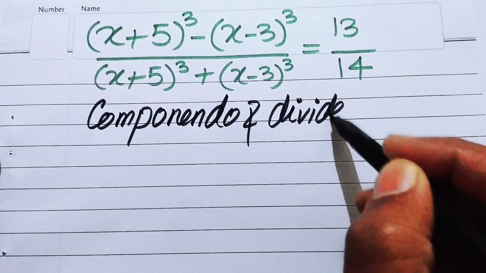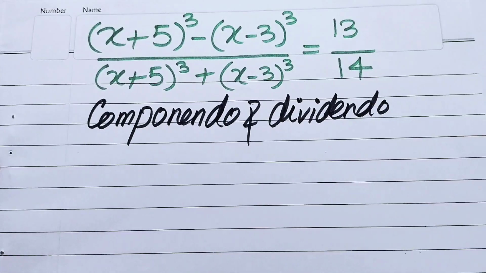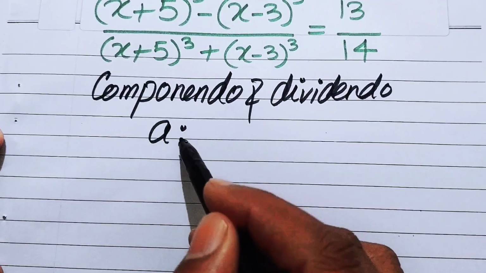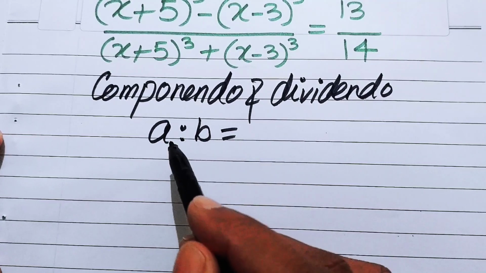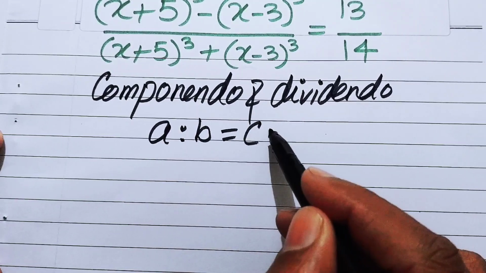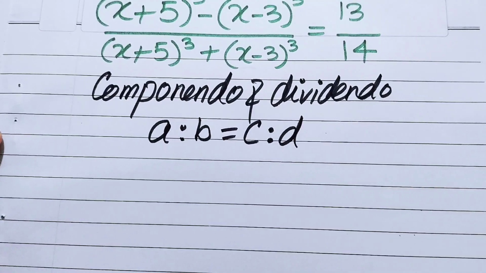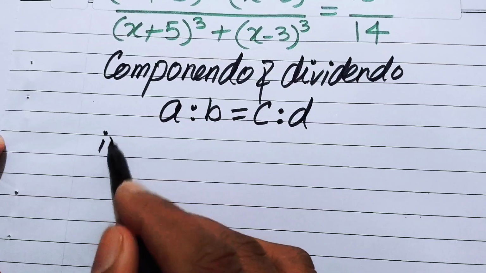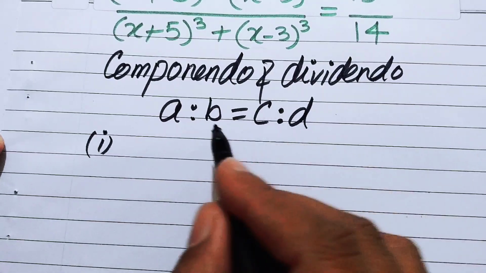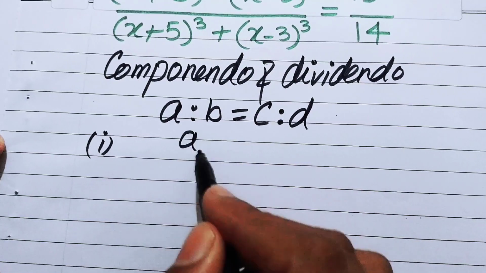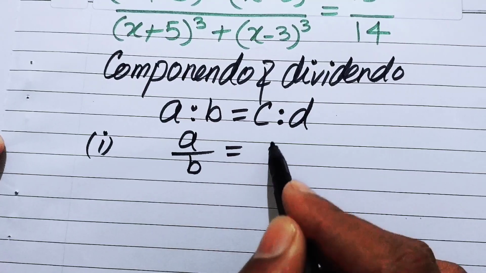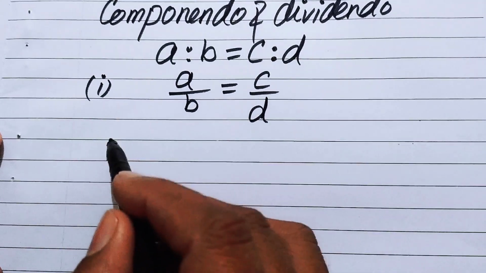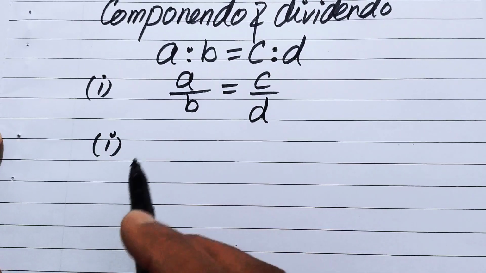This theorem tells us that if we have a ratio between two numbers a and b equal to the ratio of c and d, then a over b equals c over d. This theorem has two parts.